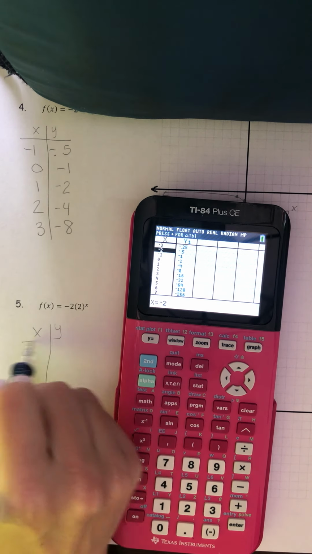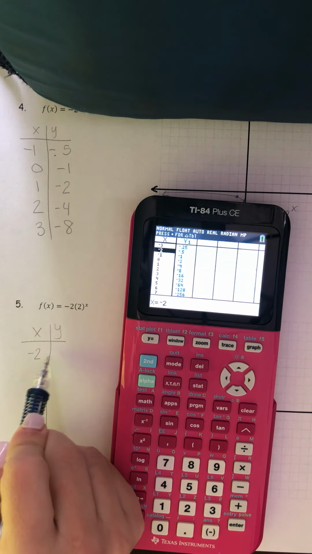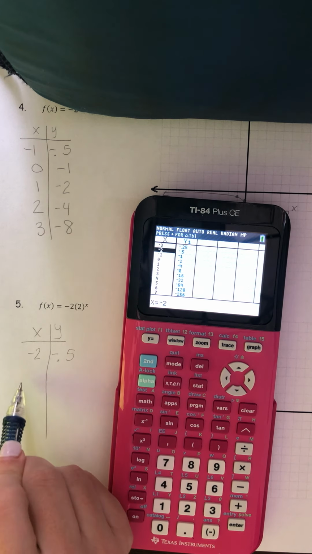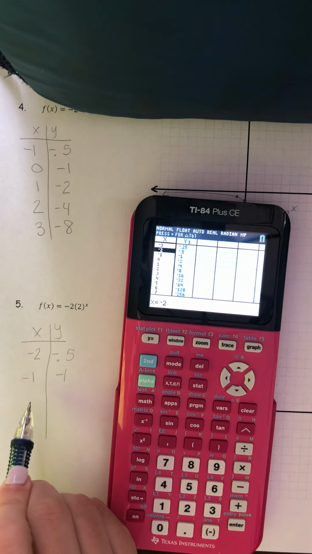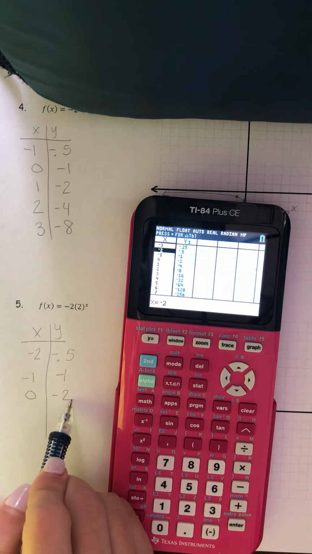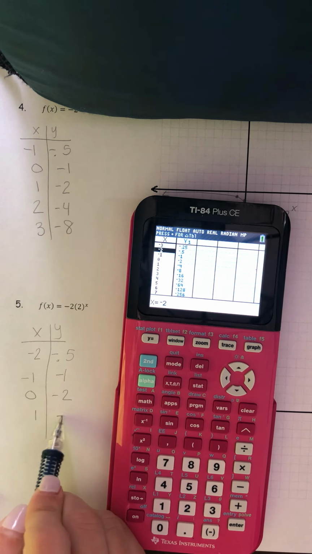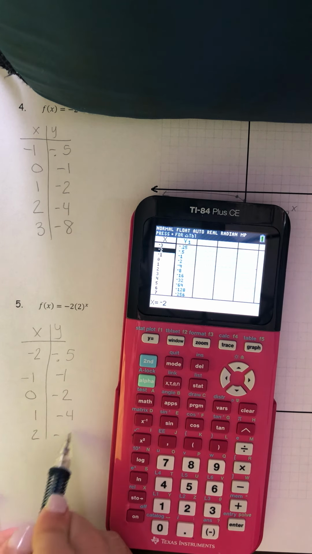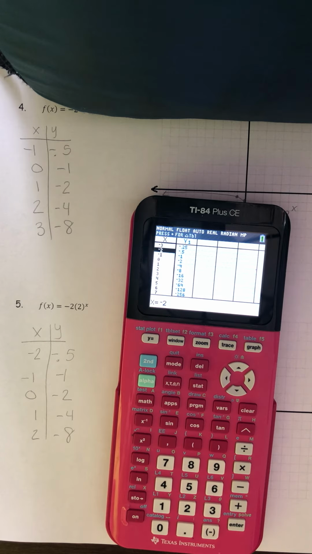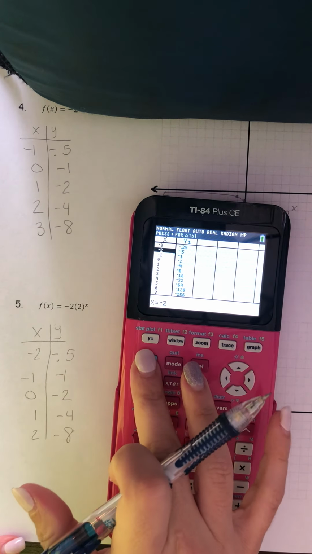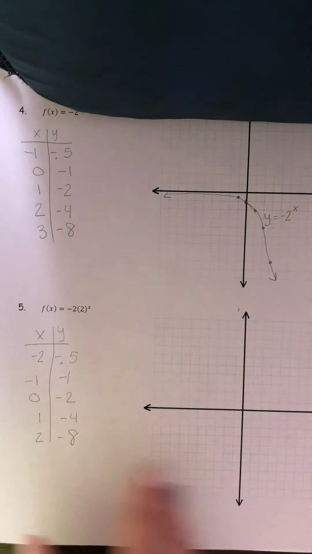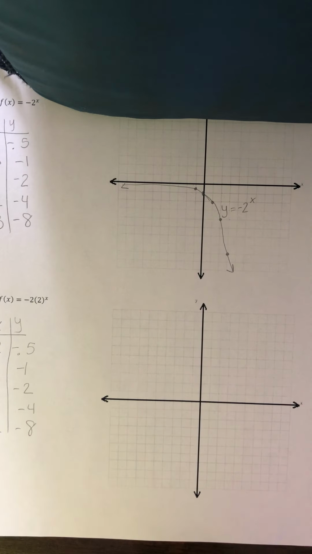So x, y, -2, -0.5, -1, -1, 0, -2, 1, -4, and 2, -8. So I'm going to move my calculator out of the way and come over here to graph.